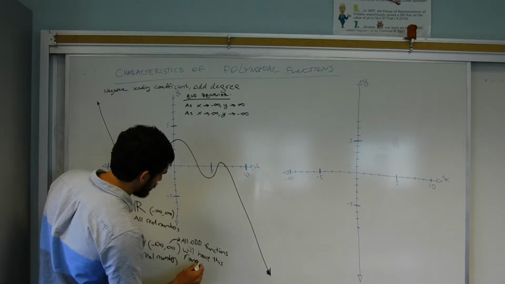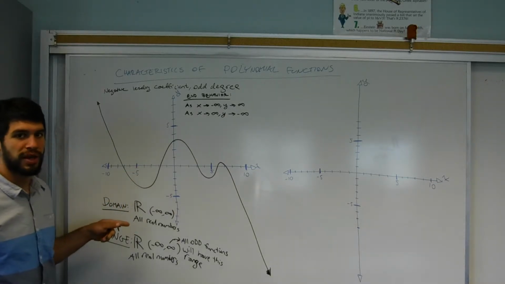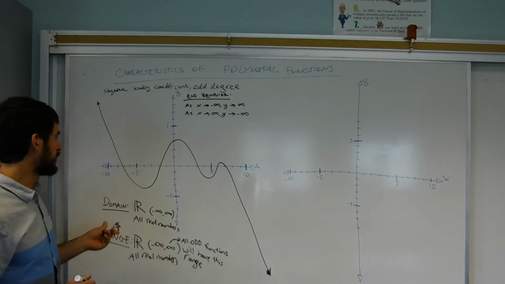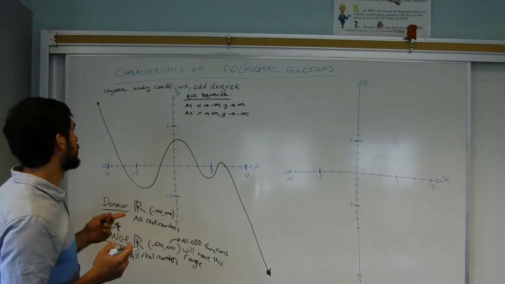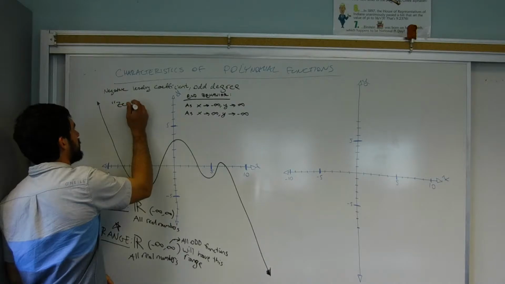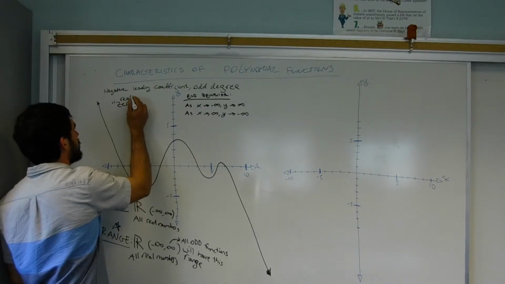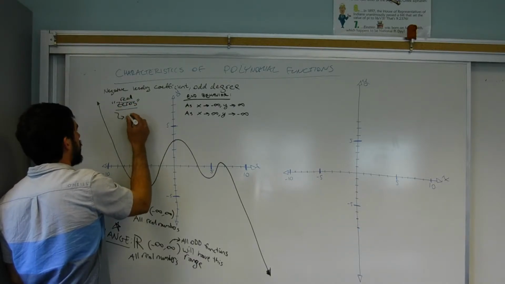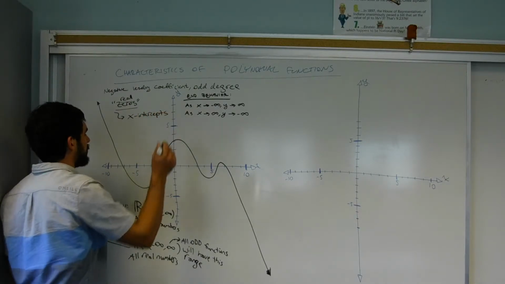So we've looked at the end behavior, the domain and range, and there are a couple more characteristics I wanted to go over. Just like quadratic functions, polynomial functions have zeros, which you might see referred to as real zeros, and that is just another way of saying the x-intercepts of the function.